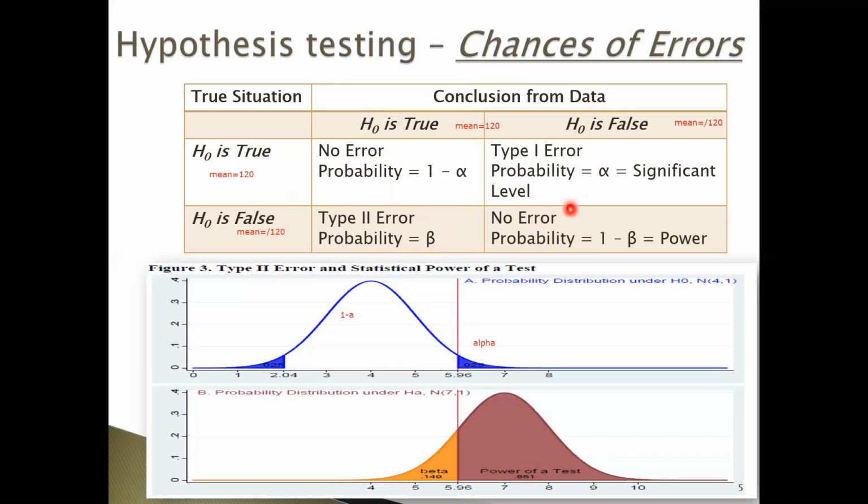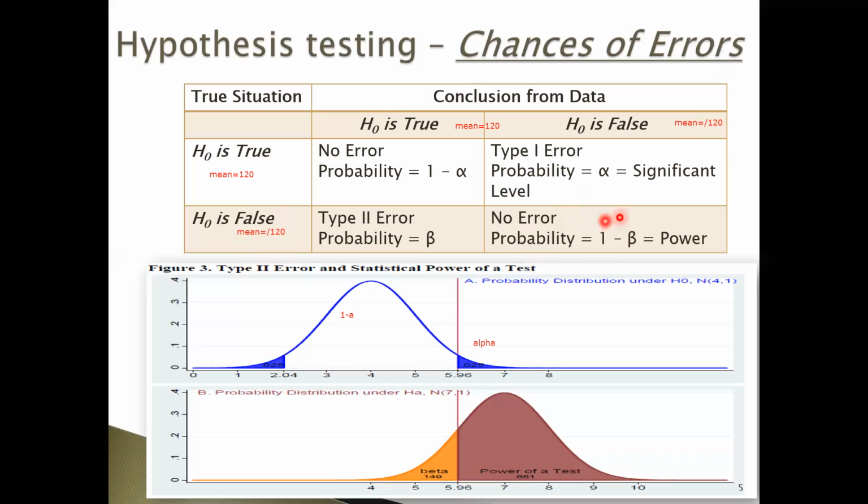Okay, then we have one more condition, and this is the last one, and it is the most important also. We start our experiment with the assumption that our null hypothesis is false, or we can say our alternative hypothesis is true in the population, that is mean is not equal to 120, and in the end our sample data also produces the same result, that mean is not equal to 120.